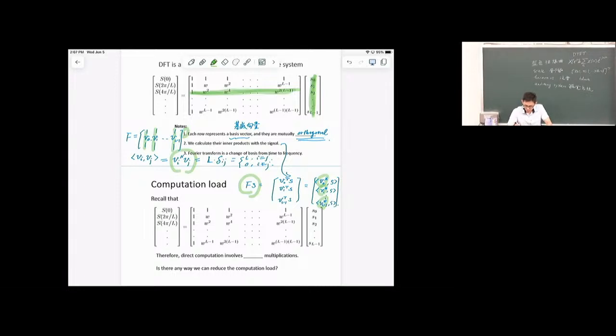Where W is given to you. Where W is equal to e to the minus j 2 pi divided by L. This is a common factor. So later in your life you can figure out where to conjugate so that we adhere to the definition of inner product.